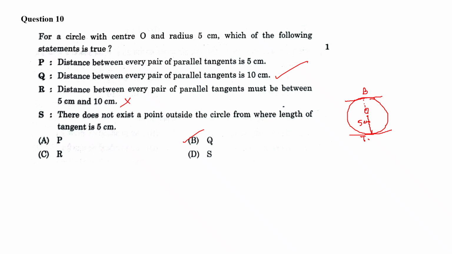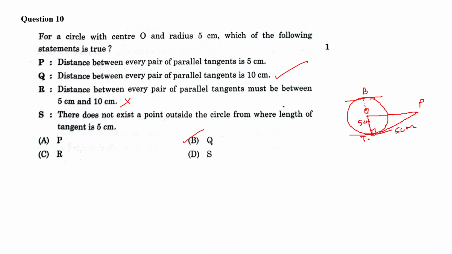Next, there does not exist a point outside the circle from where the length of the tangent is 5 centimeter. To prove that, I will use the contradiction method. I'll assume there is a point P outside the circle, and there is a tangent PT whose length I am taking as 5 centimeter. This is 90 degrees because the radius is perpendicular to the tangent.